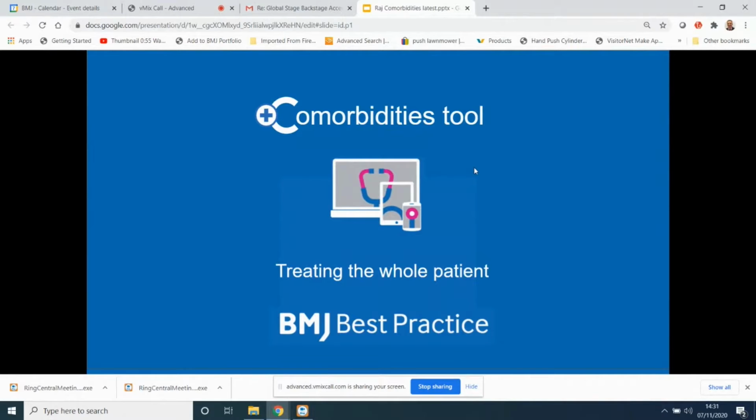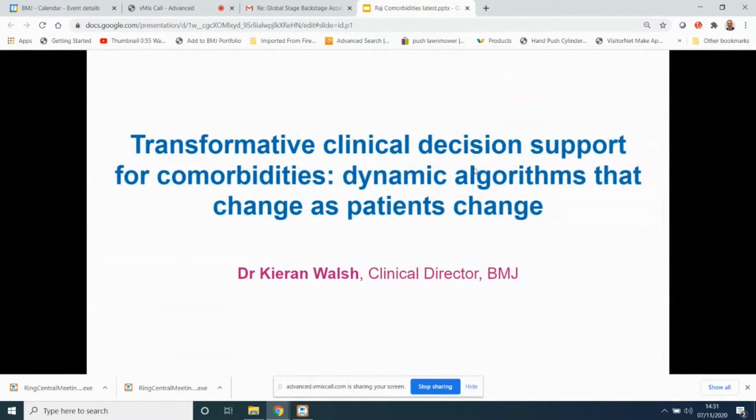So now you should all be able to see my screen, which states comorbidities tool, treating the whole patient, BMJ Best Practice. So in this talk, we're going to talk about clinical decision support for comorbidities, and the title is Transformative Clinical Decision Support for Comorbidities, Dynamic Algorithms that Change as Patients Change.